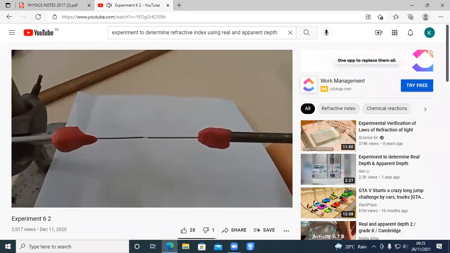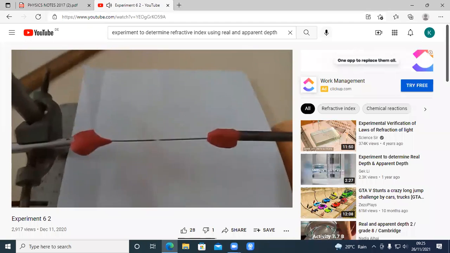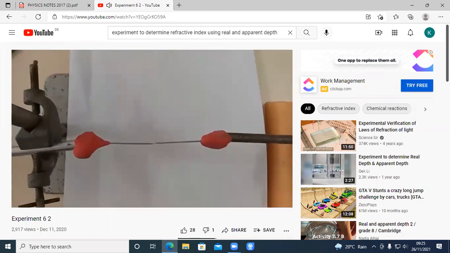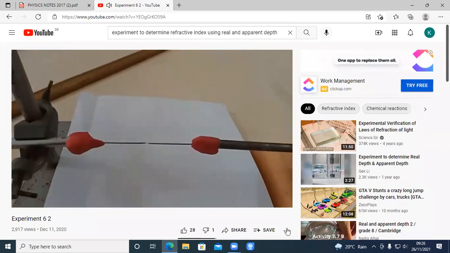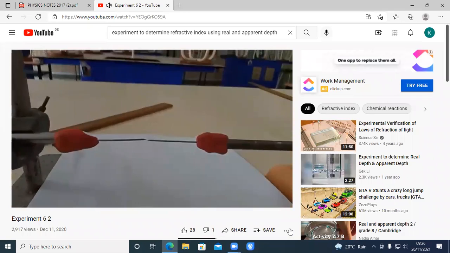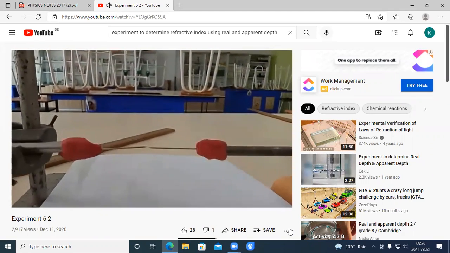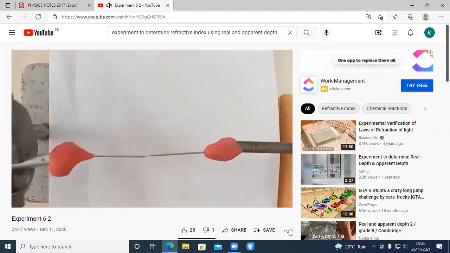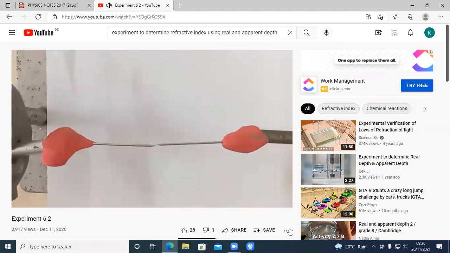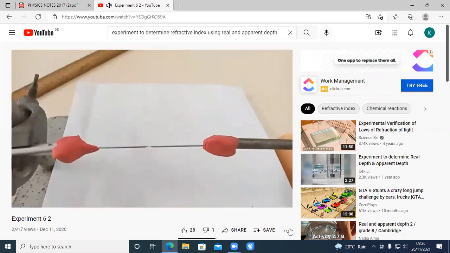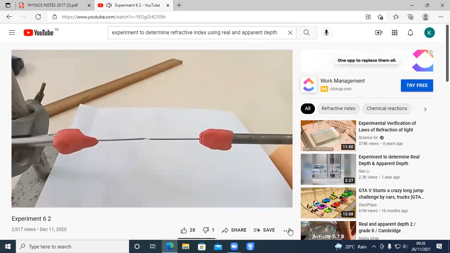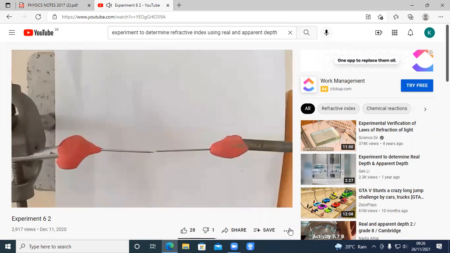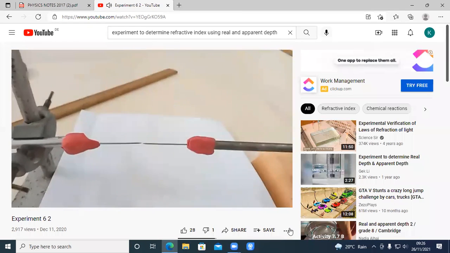You see I change the angle from the top, same position. At an angle, same position. Directly, also same position. No matter which angle you see, they will be at the same level.